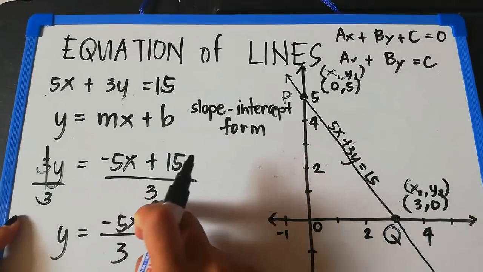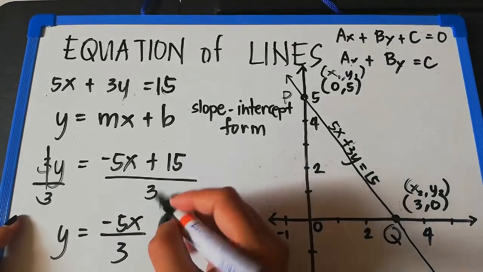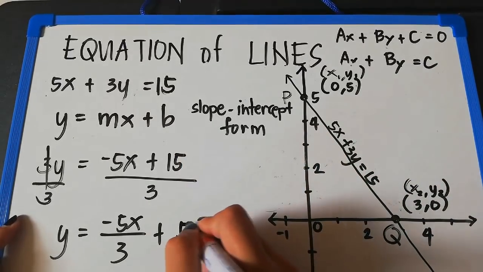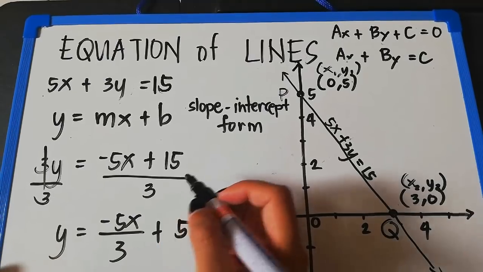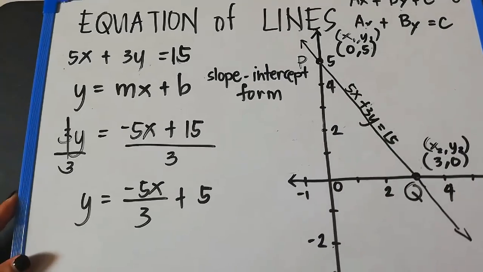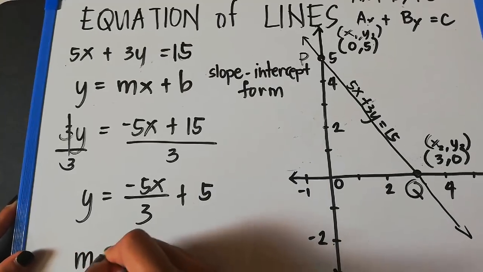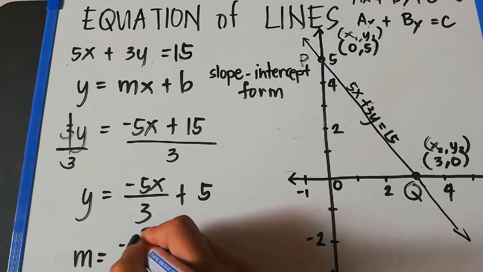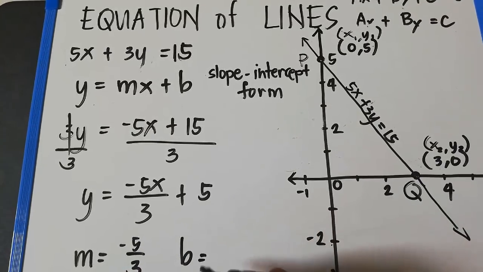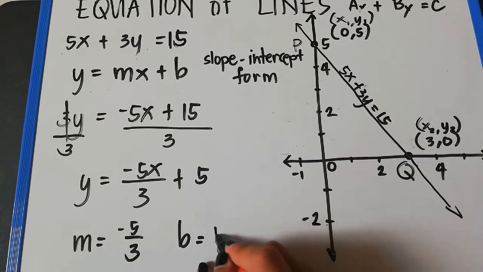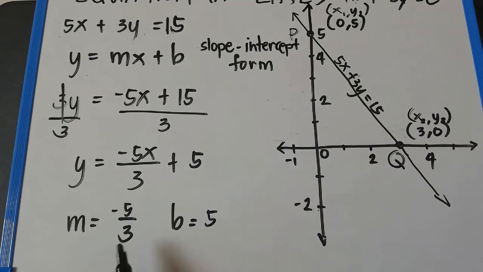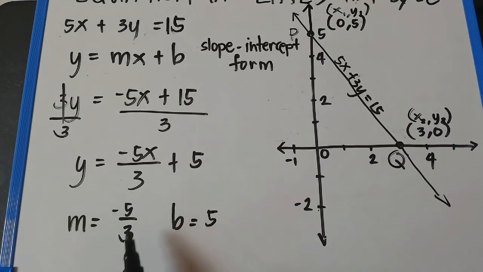So, negative 5x divided by 3 is negative 5x over 3 plus 15 divided by 3 is 5. So, having this equation, we can say that the value of m is negative 5/3. And our y-intercept is 5. So, same dun sa nakuha nating slope kanina na negative 5/3.